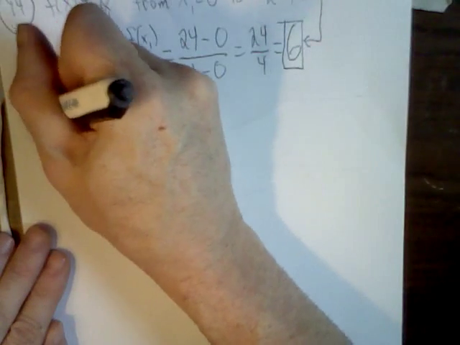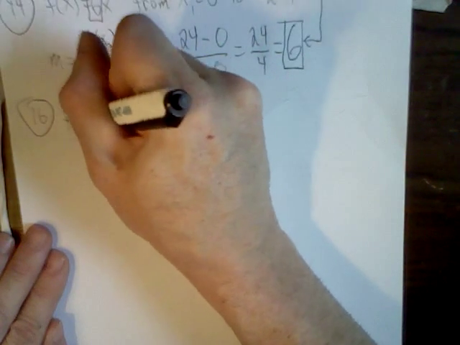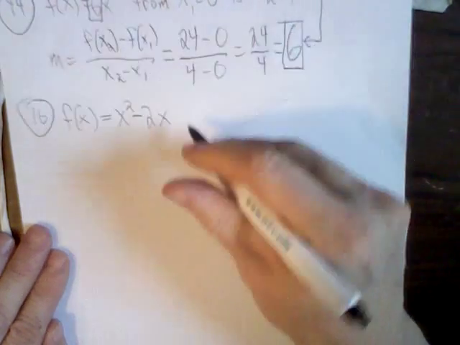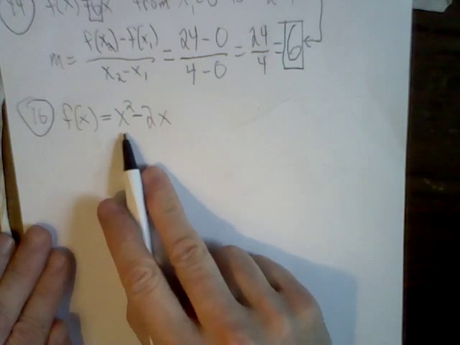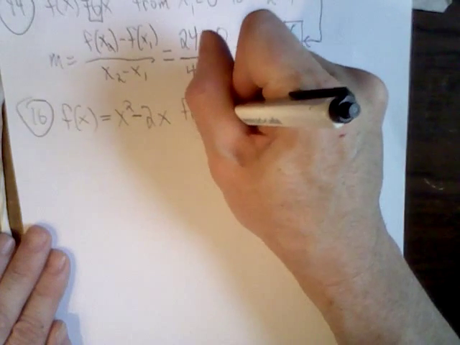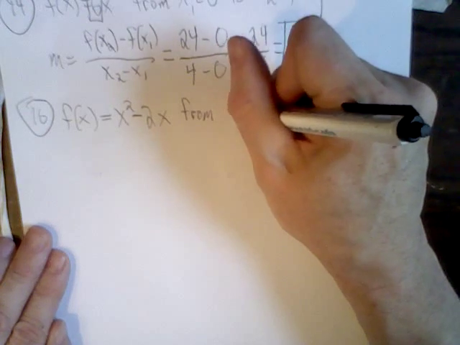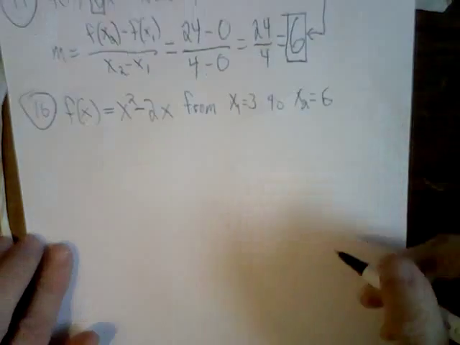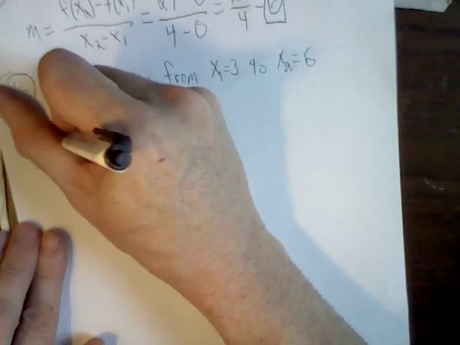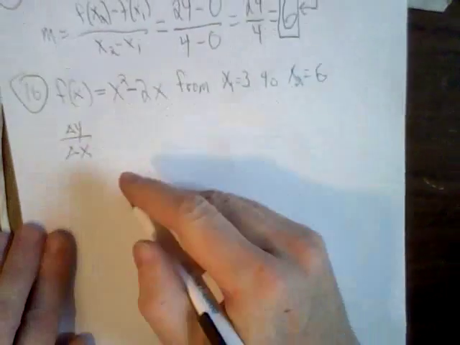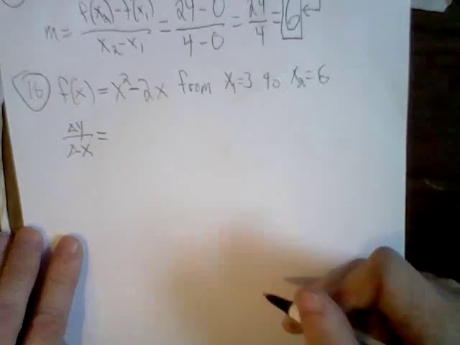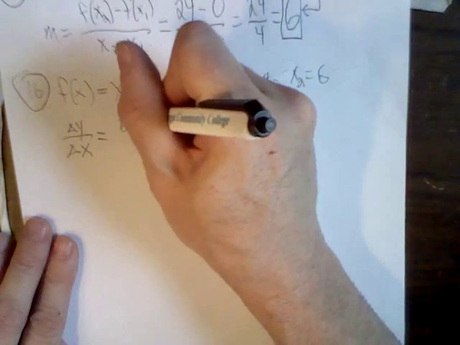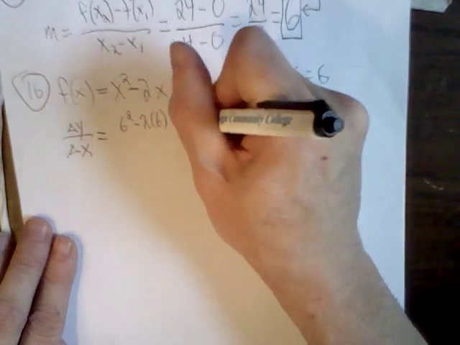So let's then talk about a nonlinear function, right? And this is, if you looked at the graph, it would be curvy, right? In particular, it would be a parabola. We want to look at the slope going from x1 equals 3 to x2 equals 6. It's the same spiel. Let's use the other notation, change in y over change in x, instead of slope this time. So f of x2, so I'm plugging 6 into this formula. So 6 squared minus 2 times 6.